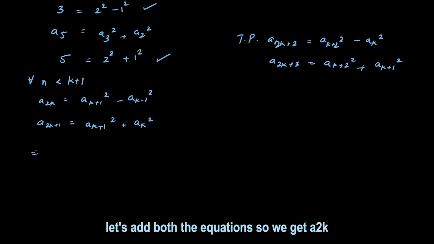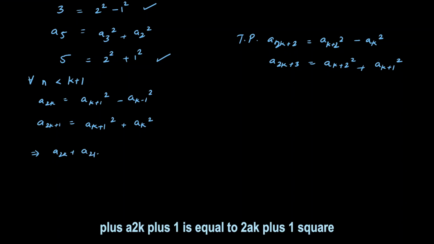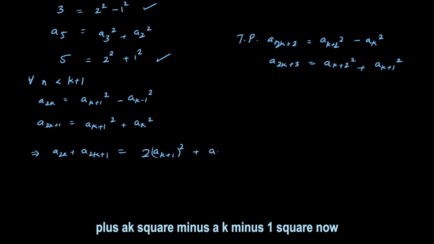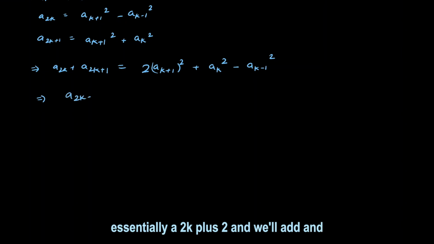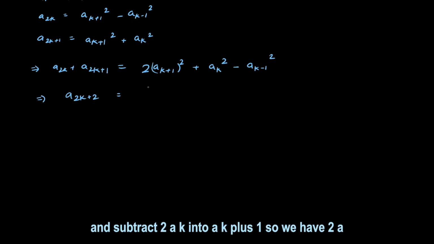So let's add both the equations. So we get a_{2k} plus a_{2k+1} is equal to 2a_{k+1} square plus a_k square minus a_{k-1} square. Now this a_{2k} plus a_{2k+1} is essentially a_{2k+2}, and we'll add and subtract a_k square, and we'll also add and subtract 2a_k into a_{k+1}.